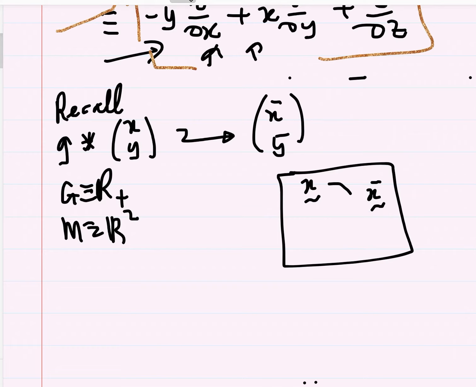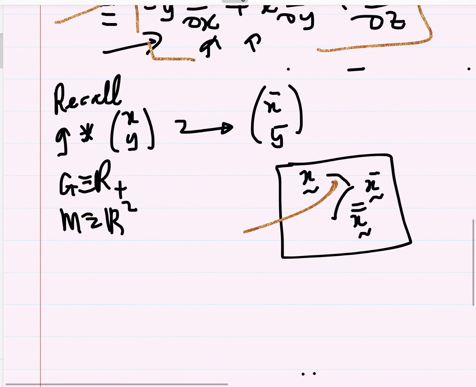And if another parameter h acts on x bar, you get x double bar, say a new point, etc. And you notice what's forming is this curve. And this curve, of course, is a curve on the manifold M, which is in R2. And this curve then has a parametric form, and the parametric form is given by that.